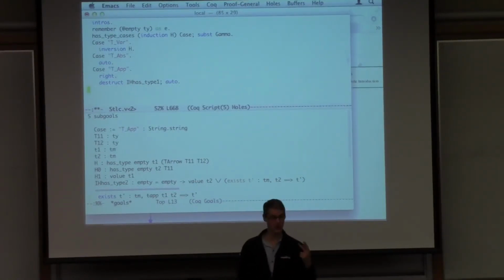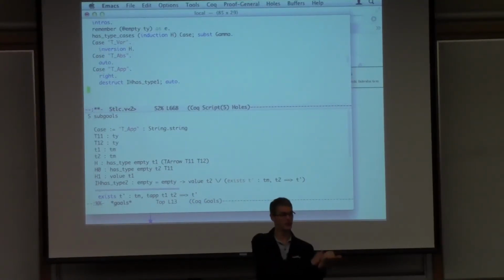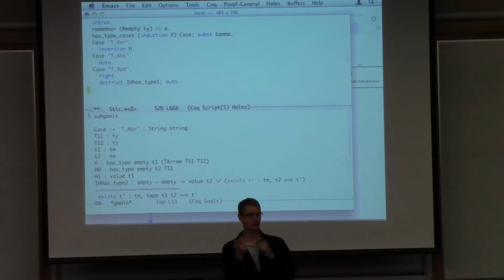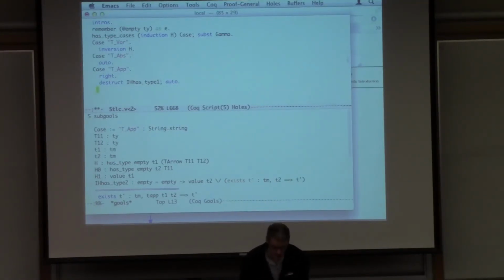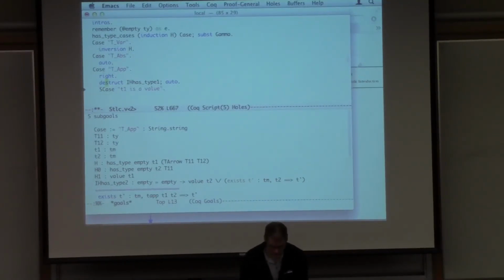Okay, so now we've generated two subgoals, one for the case where T1 is a value, and one for the case where T1 steps. So we're looking now at the T1 is a value subcase, so let's remember that. And now what? Now we need a case on T2. So we'll do it the same way.